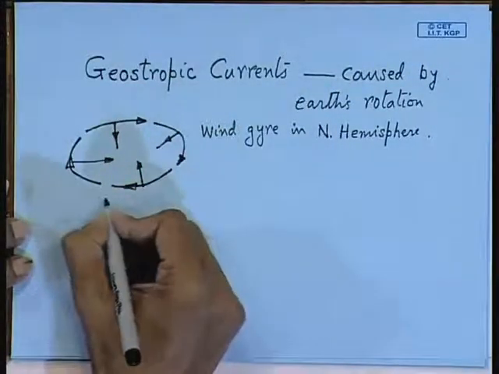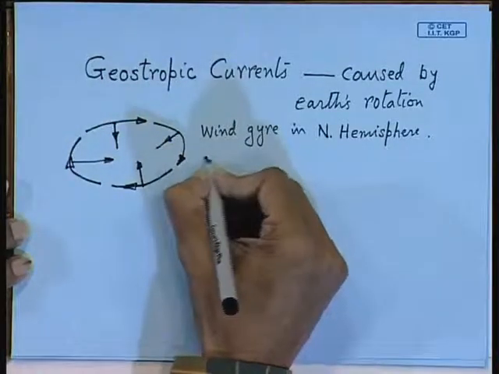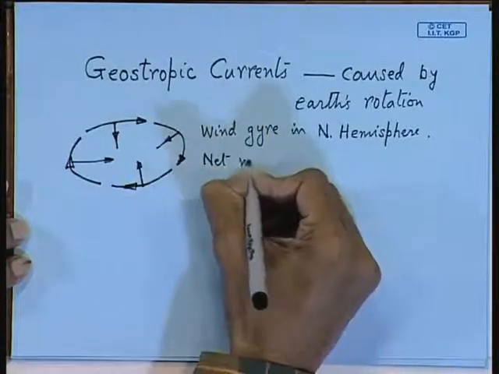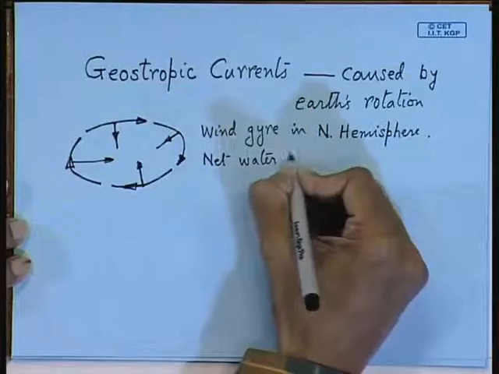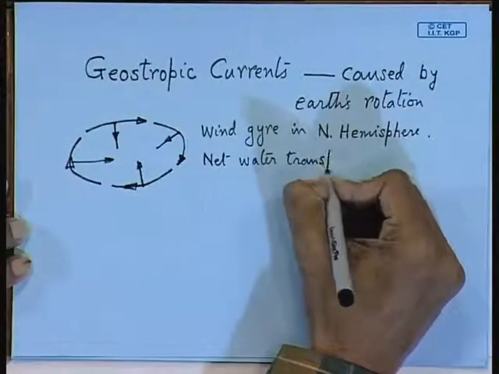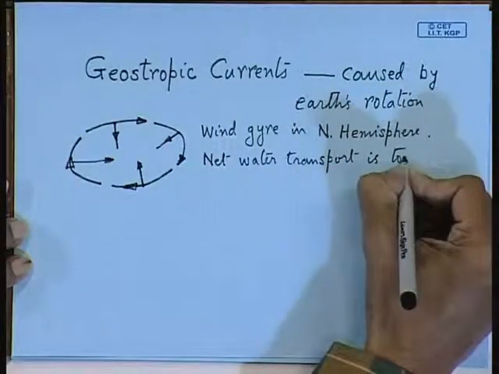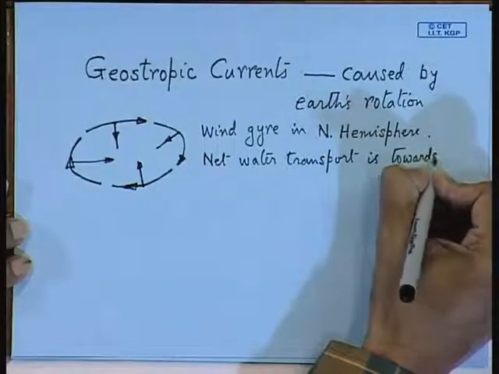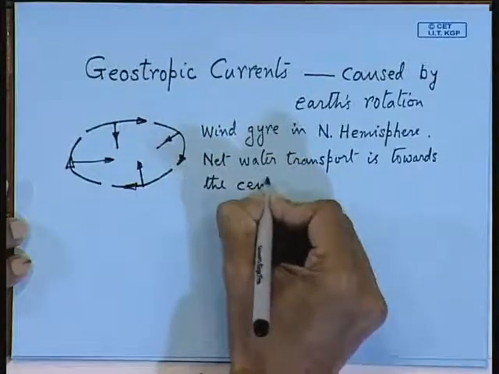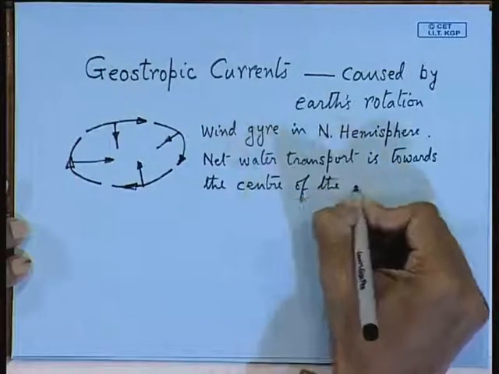So, prevailing winds. So, net water transport is towards the center of the gyre. So, very interesting.